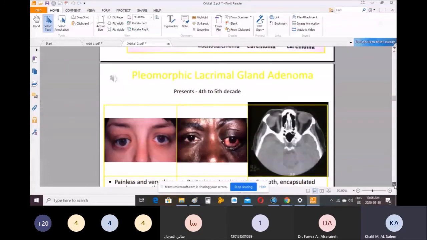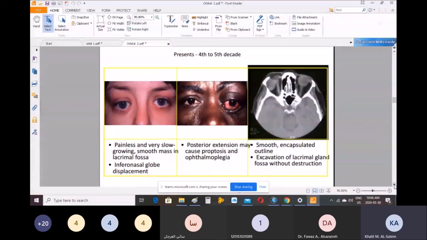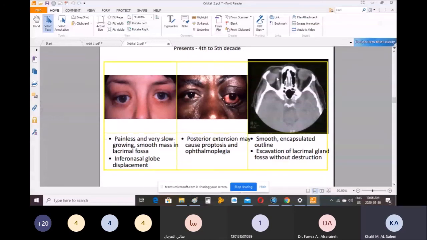Okay. So this is a case of pleomorphic adenoma in the 4th and 5th decade. As you can see, pleomorphic adenomas can cause dystopia. The eye is pushed downwards and medially, and you can see that it's growing slowly.